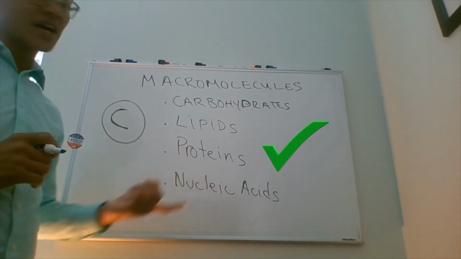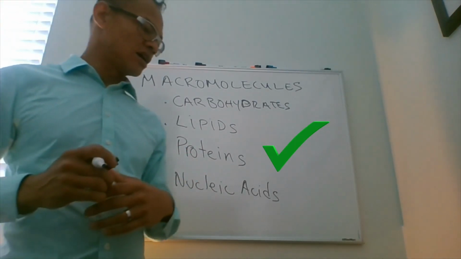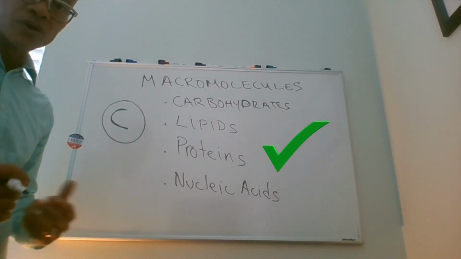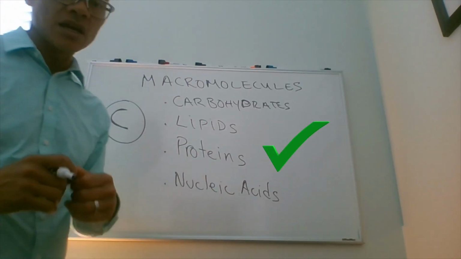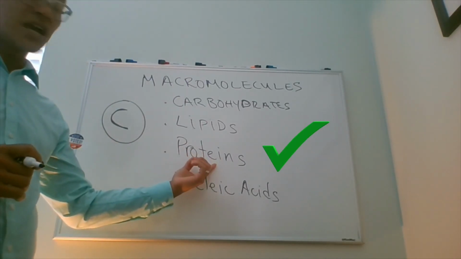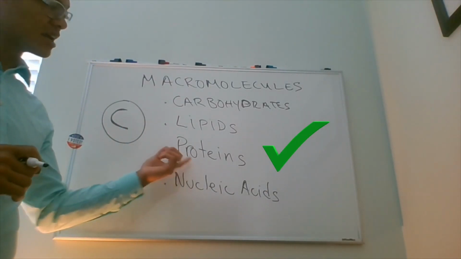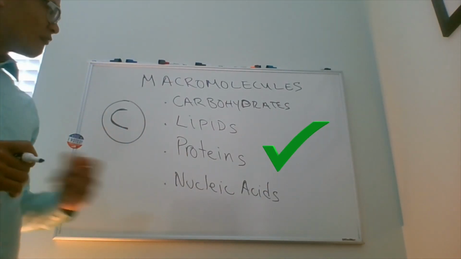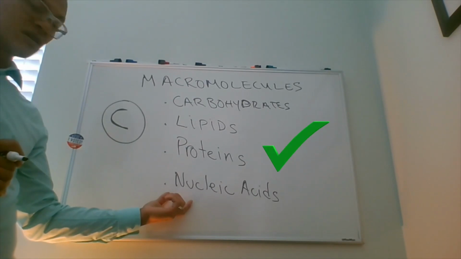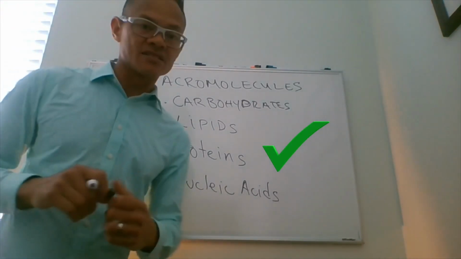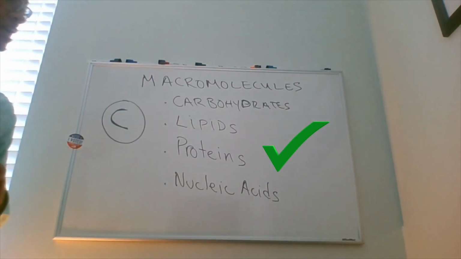One example is obviously meat, the meat that you eat in hamburgers, chicken. These things are proteins, and there are also some examples of proteins like enzymes. Finally, you have nucleic acids. Examples of nucleic acids are DNA and RNA.